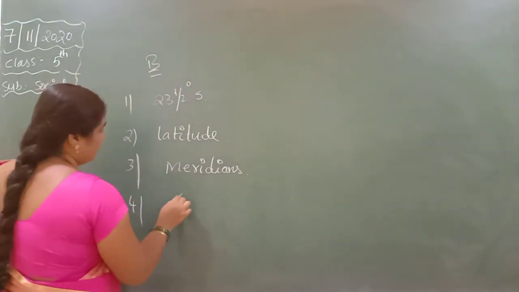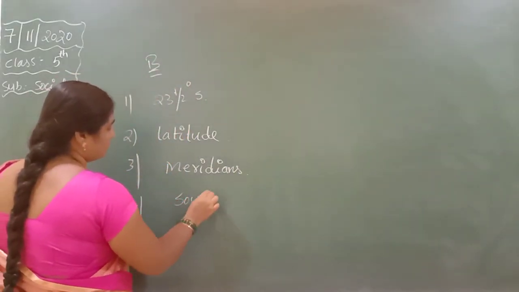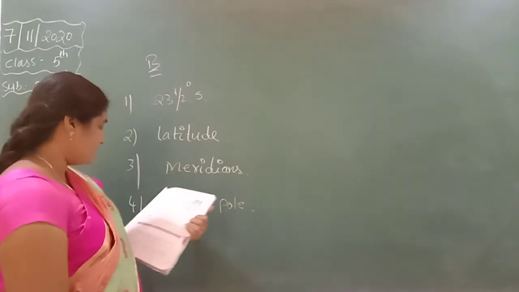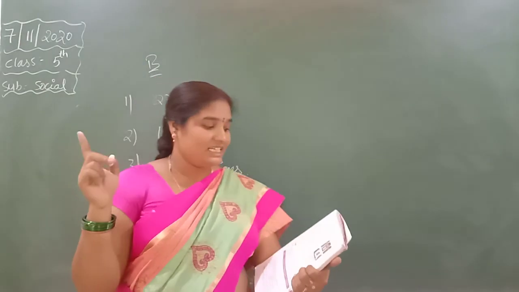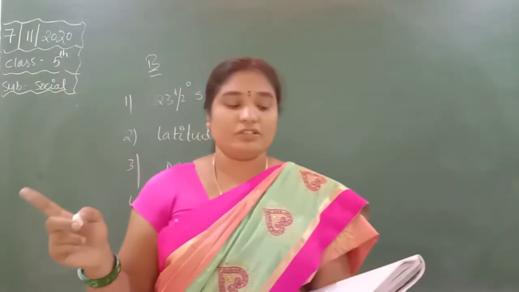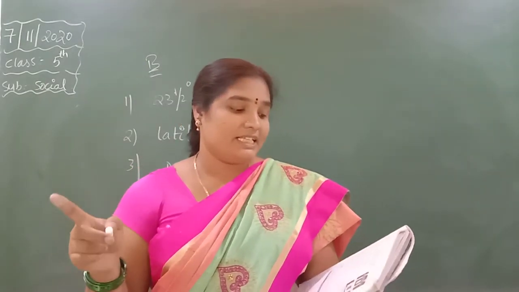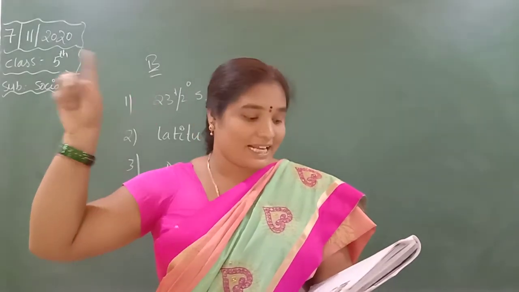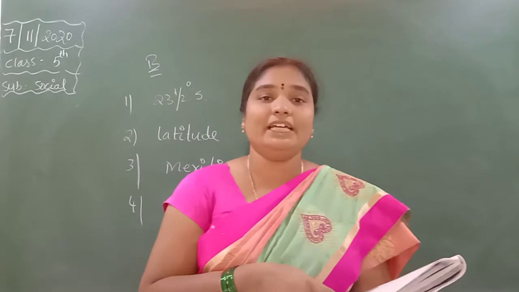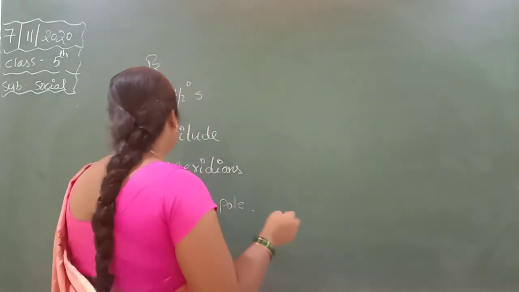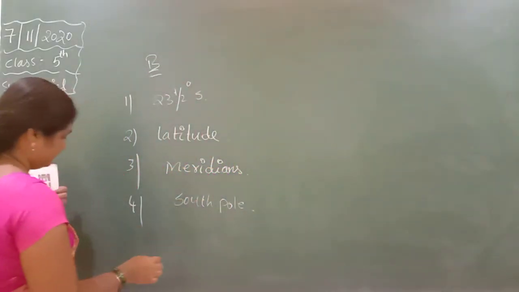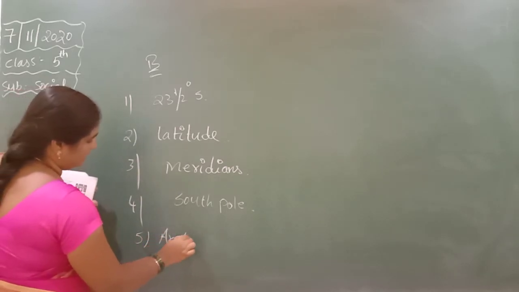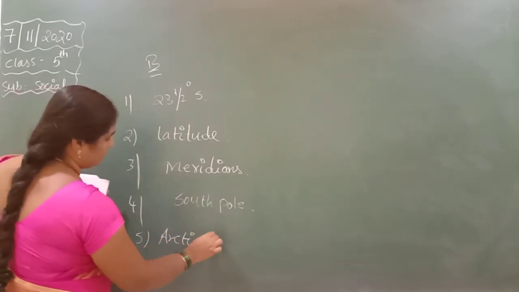Dash, 66.5 degrees towards the north. Antarctic Circle is 66.5 degrees towards the south, and Arctic Circle is 66.5 degrees north. Arctic Circle.